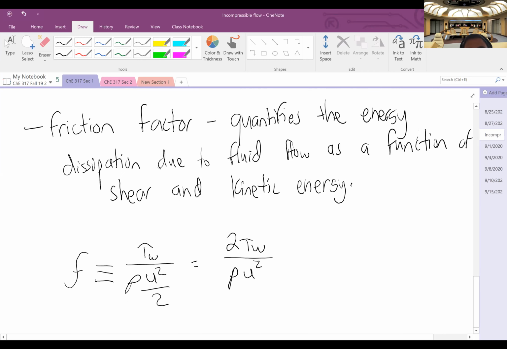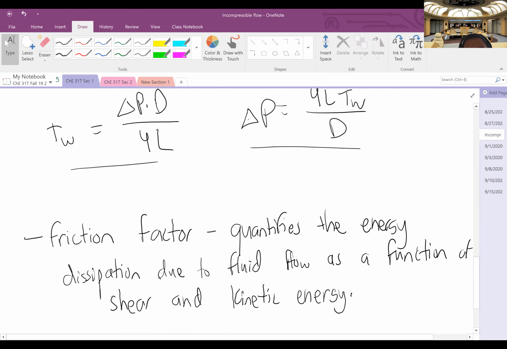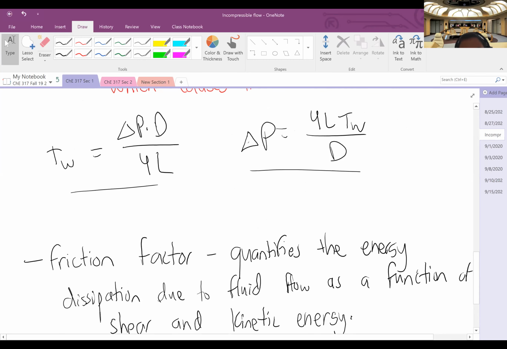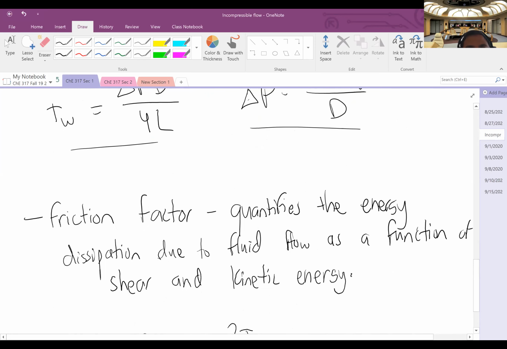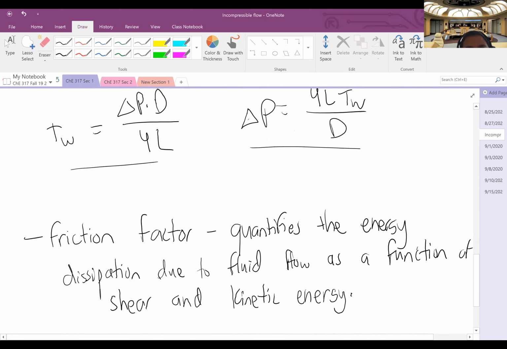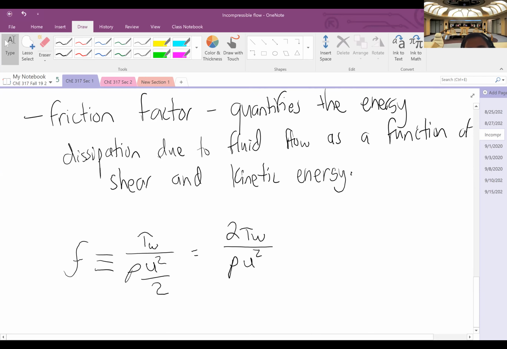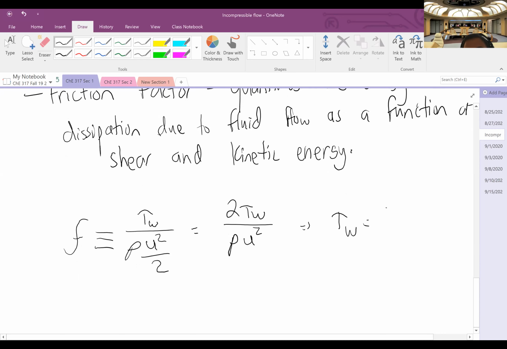So now with this in mind, and looking at my expression for shear that I have developed above, when last we talked about momentum balance, we defined that expression. I can solve for shear stress and say that it is the friction factor times density times velocity squared divided by 2.